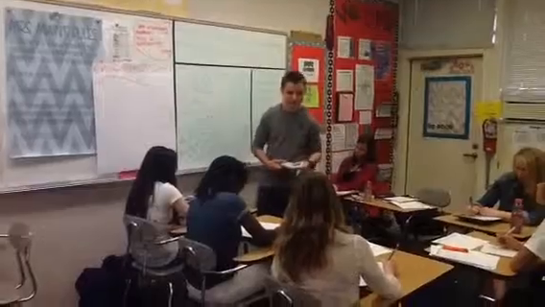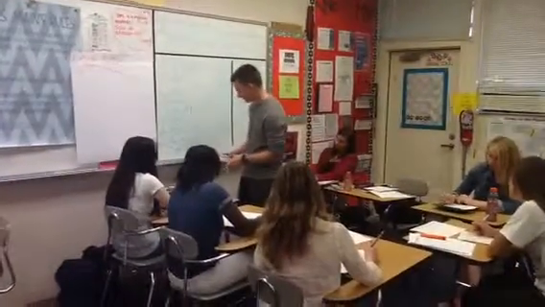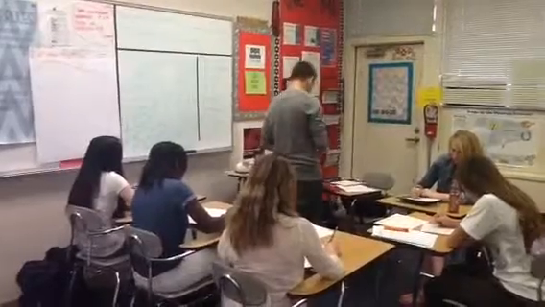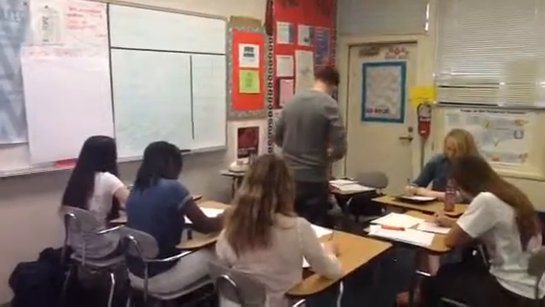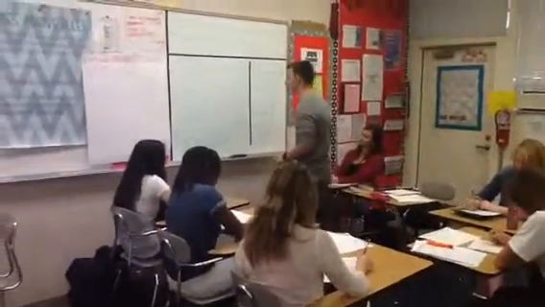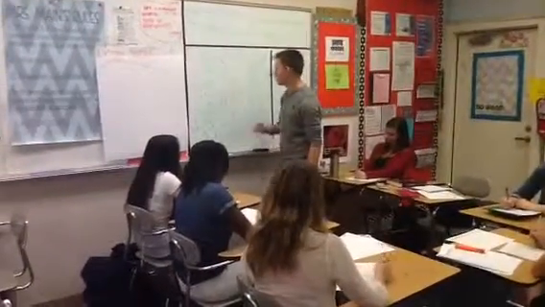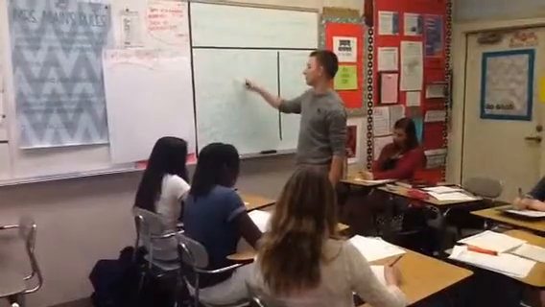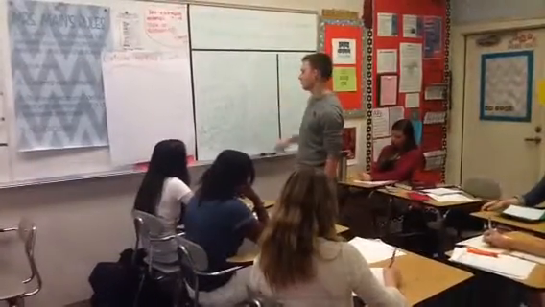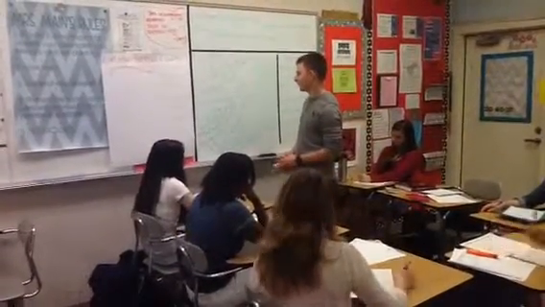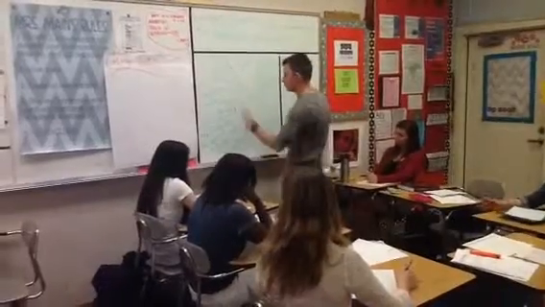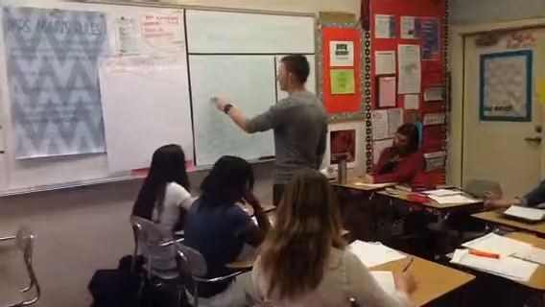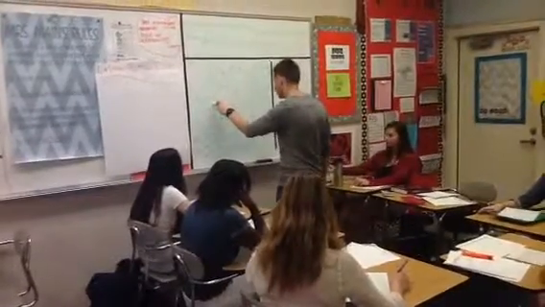Can you walk me through how you got your answer? I can. So what I did here was I started off knowing the points on a polar coordinate plane, so r and theta, and then I had four formulas that I know. One was r equals square root of x squared plus y squared.